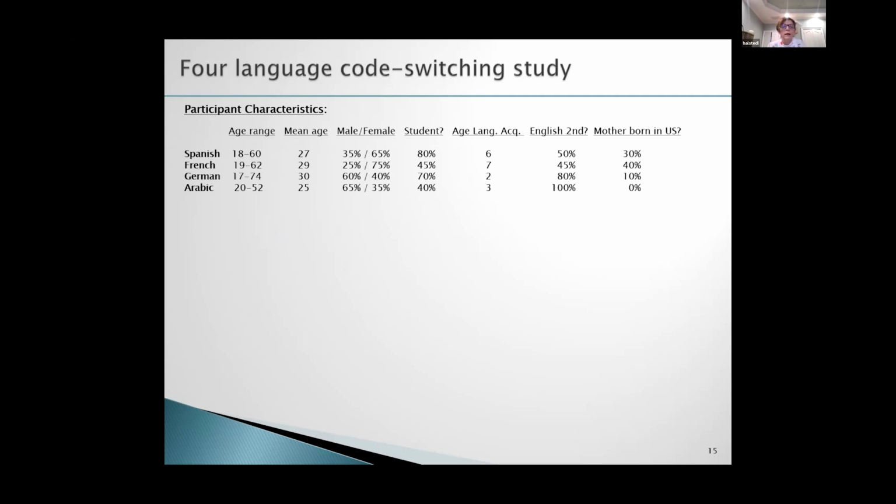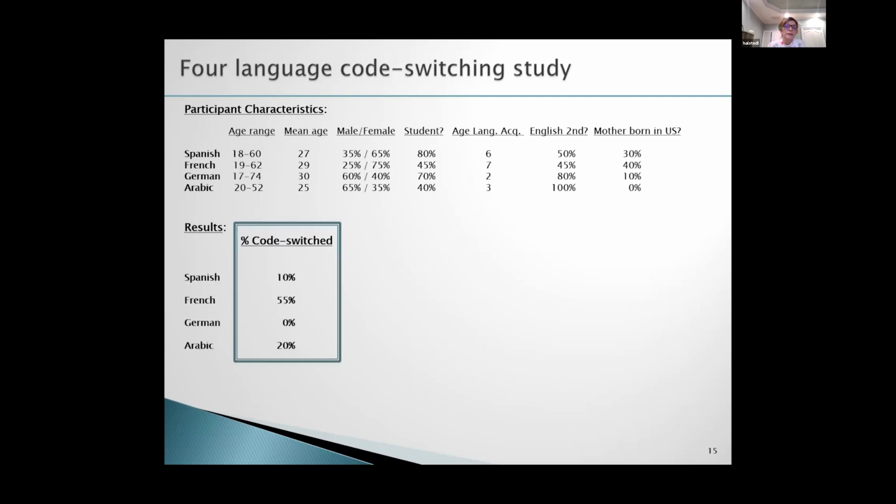Next slide, and then we see for Spanish bilinguals, 10% code switch. For French bilinguals, 55%. For Arabic bilinguals, 20% code switch. But for German bilinguals, no one code switched at any time.